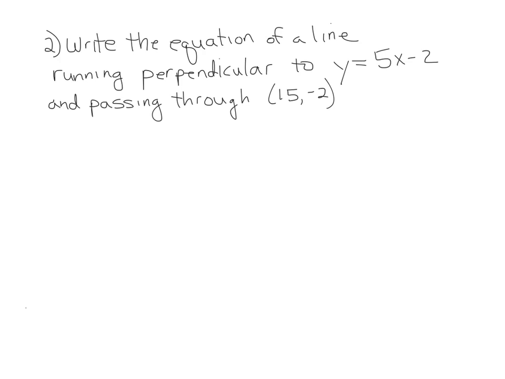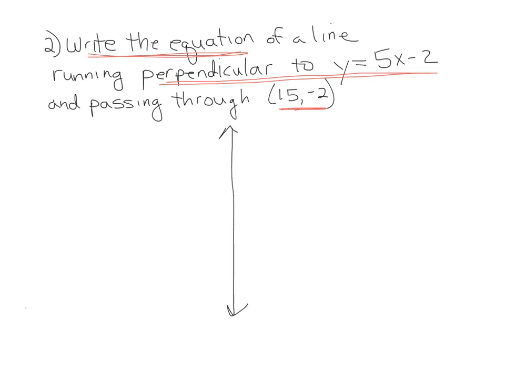Okay, so again, we're trying to write an equation of a line. We're going to write it in slope-intercept form. This time, though, it's going to be perpendicular to another line and passing through this point. So again, let's picture this, a real rough picture here. So let's just get an idea of what we're doing.